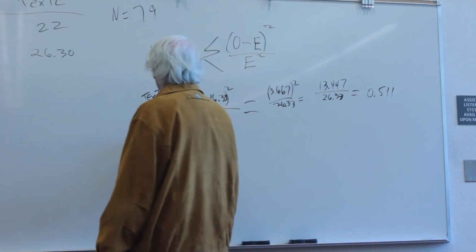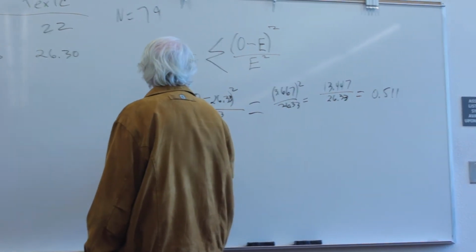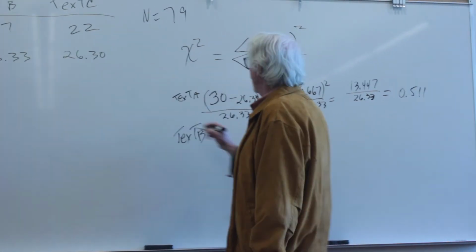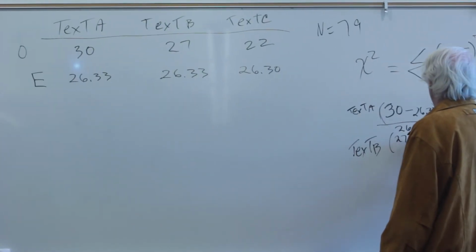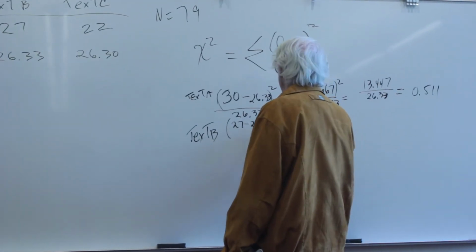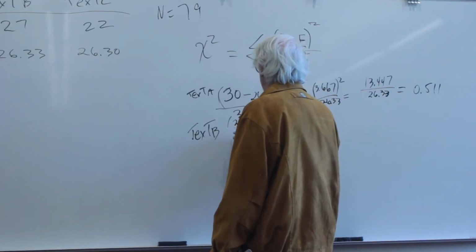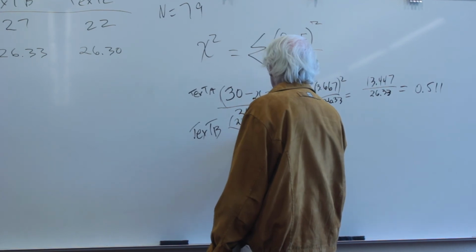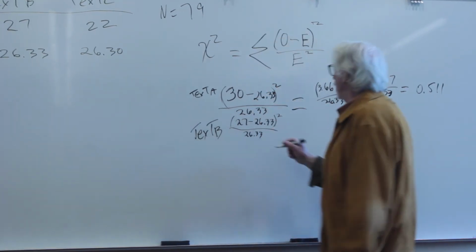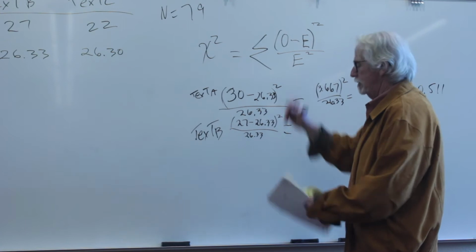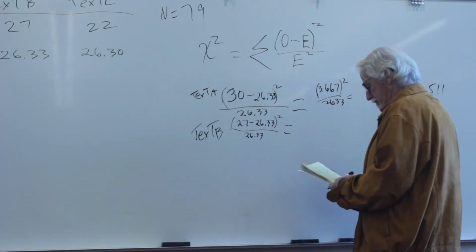Same thing. So now we do text B. Our observed value is 27 minus 26.33 squared over 26.33. We just plug in the other observed value.